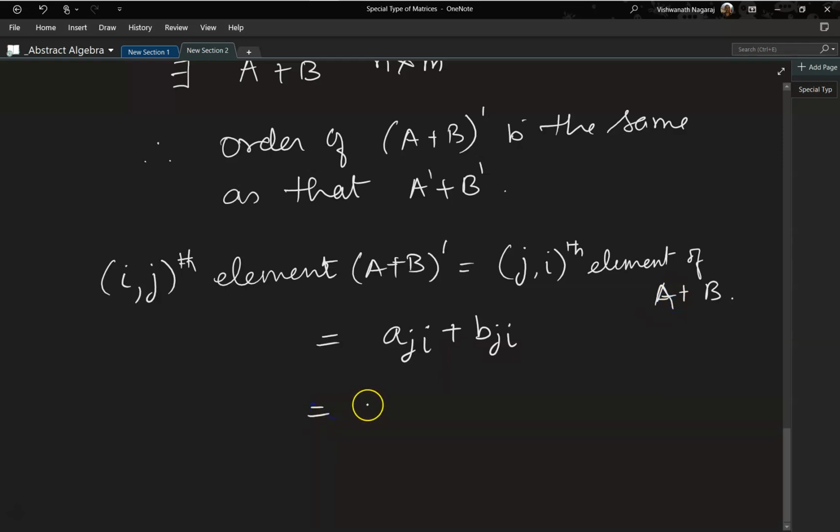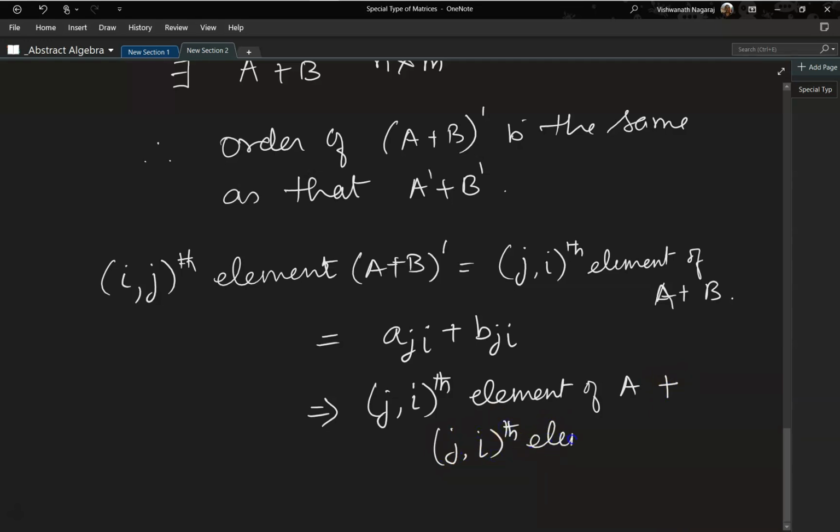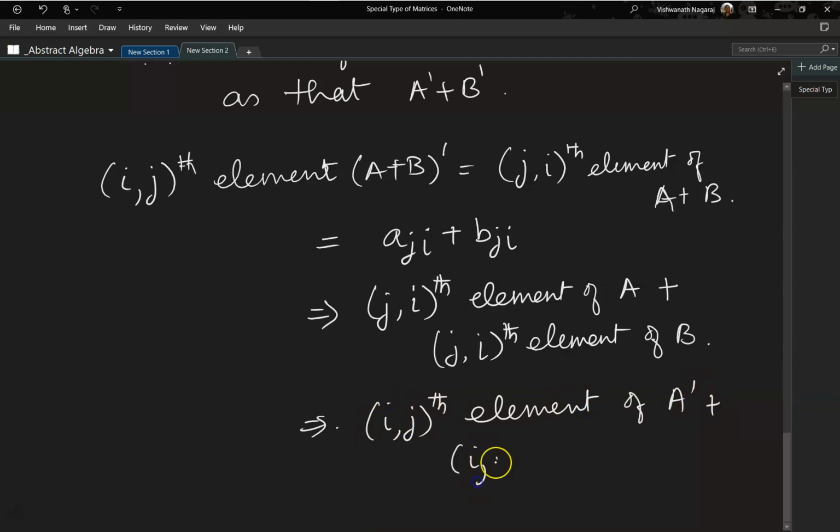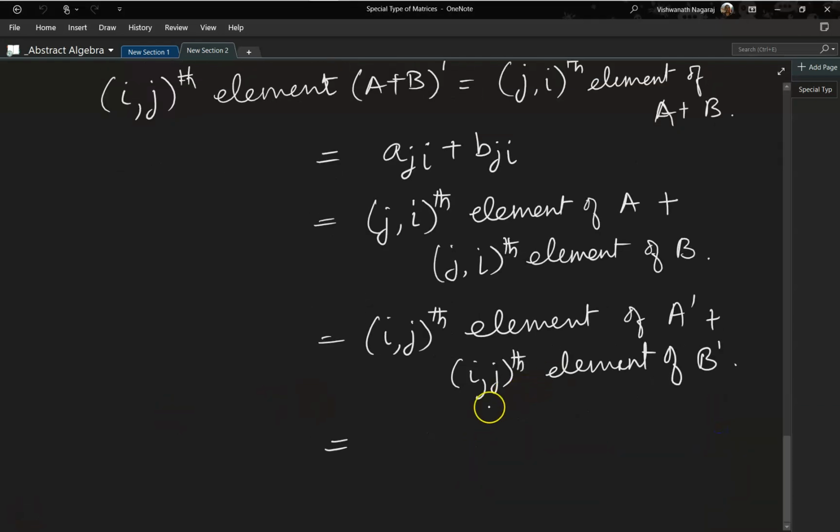Okay, which basically implies the j comma ith element of A plus the j comma ith element of B. Or if we exchange these values, what do we get? Ji, if we exchange it, we get the i comma jth element of A prime plus the i comma jth element of B prime. Okay. So combine these two as the i comma jth element of A prime plus B prime.